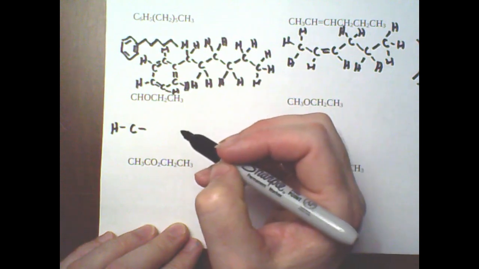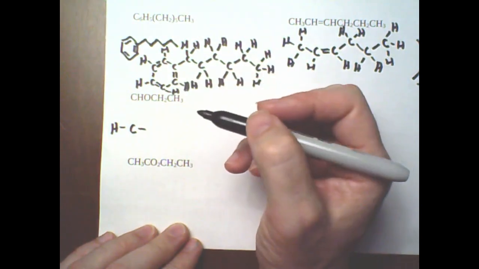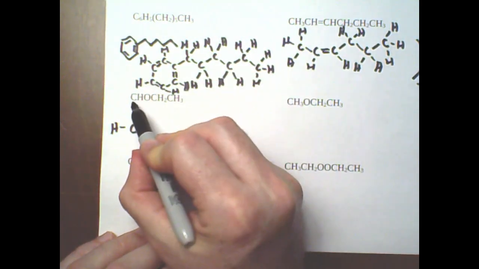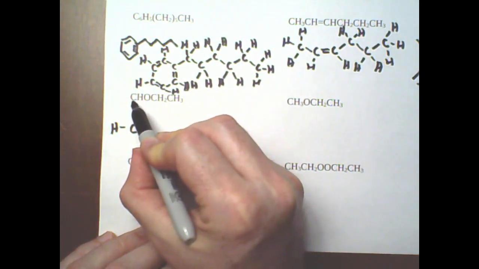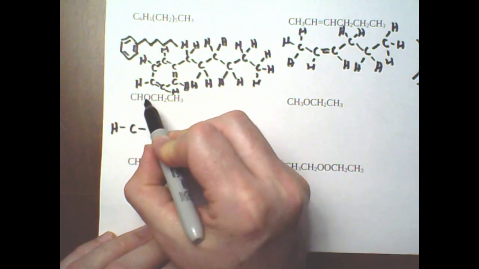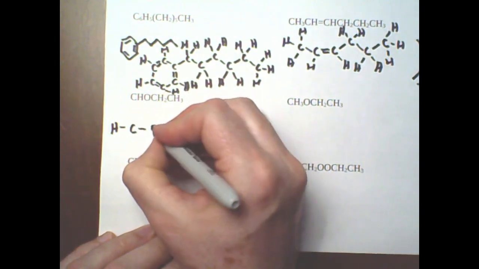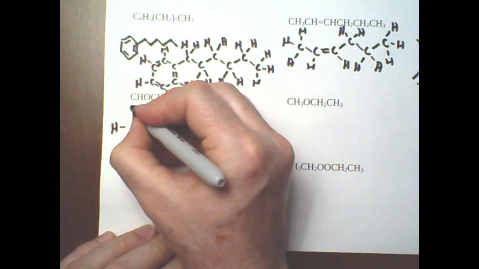There's some different ways you could try to make this happen. But we're looking for 4 things bonded to this C. Here's 1, here's 2. We really need another one. There's that C there. So we're going to use that C and put this O off to the side.